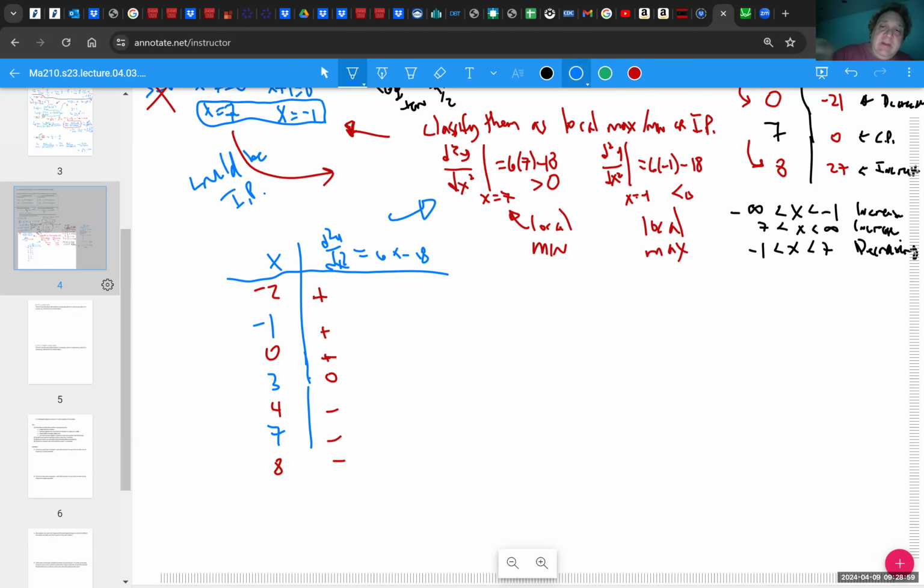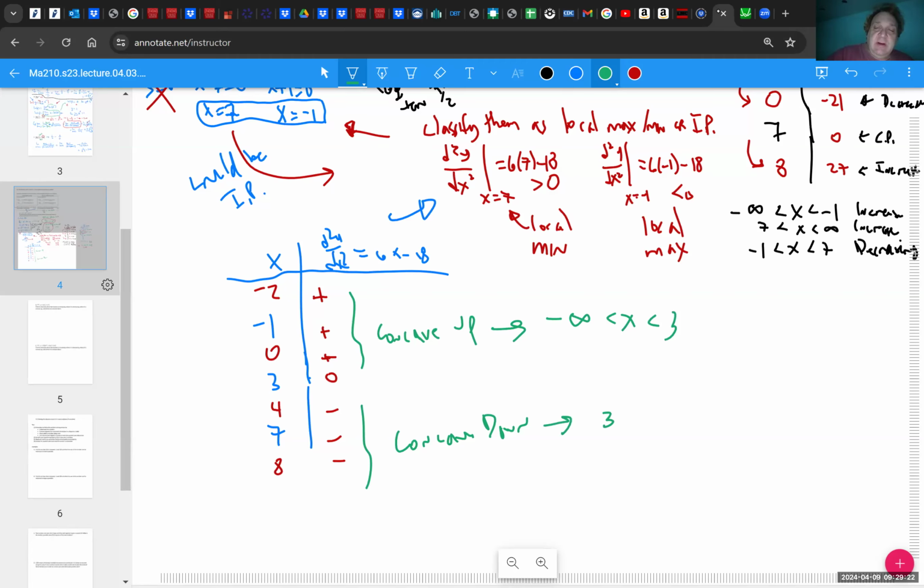So we know in this particular region, it's all concave up, and in this region here, it's all concave down, and 3 is where it switches. And we'll get the exact same answer, right? The concave up section would be negative infinity to 3. That's where it's concave up. And the concave down section would be the next part from 3 to infinity. And that would be the same as what we found before.